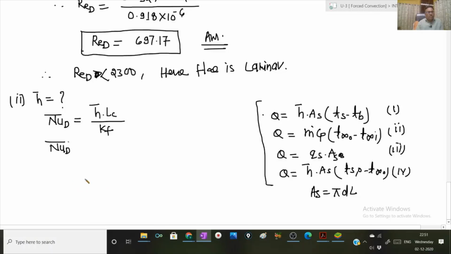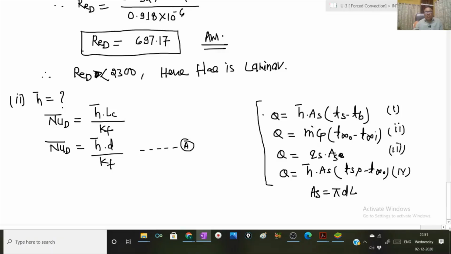So average Nusselt number can also be written as h bar, for this case Lc will be diameter D, over kf. Let's say this is equation number A.